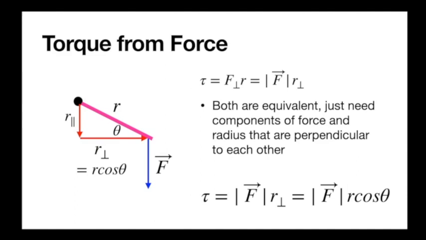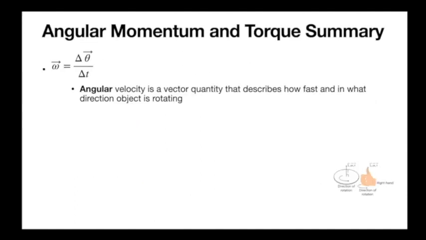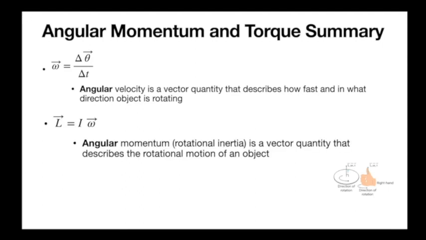So this is just how we define torques. We have our angular velocity, which is our change in angle over time, and that describes how fast something is rotating. But not all things that rotate with the same speed have the same angular motion, right? There's some concept of angular mass, which is our rotational inertia. It's very important.